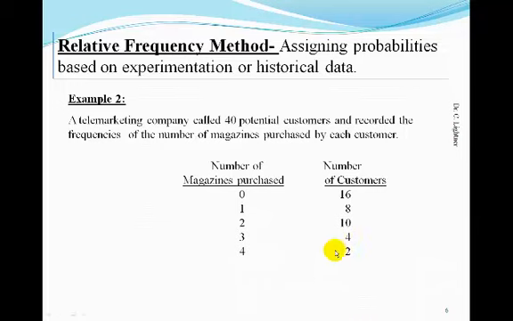Their historical data shows that 16 customers purchased 0 magazines, 8 customers purchased 1 magazine, 10 customers purchased 2 magazines, 4 customers purchased 3 magazines, and 2 customers purchased 4 magazines.